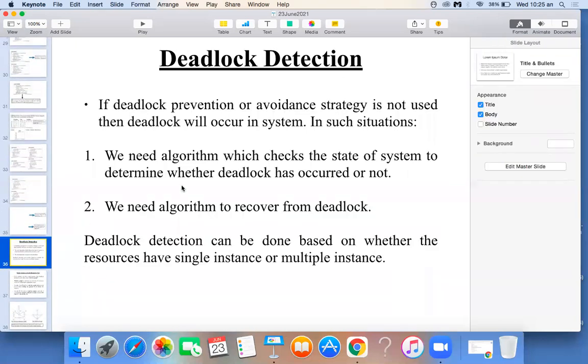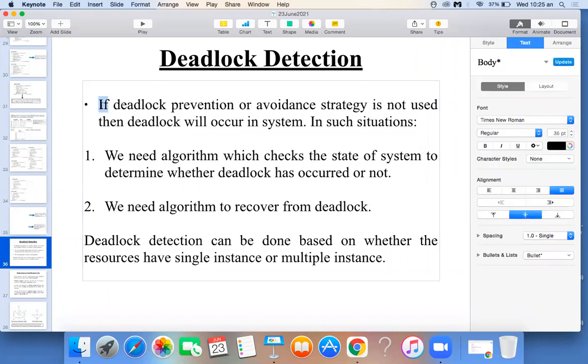Observe the first point. If deadlock prevention or avoidance is not used in our system, then what happens? Obviously our system will enter the deadlock state, correct? If we are not using resource allocation algorithm, or if we are not using our Banker's algorithm.